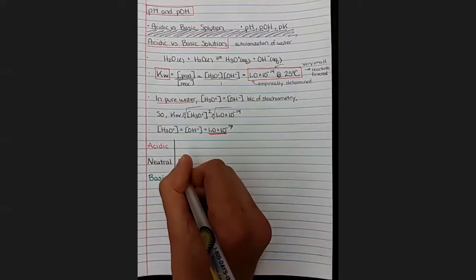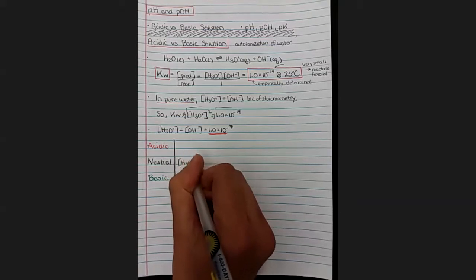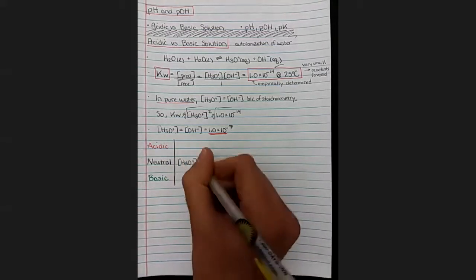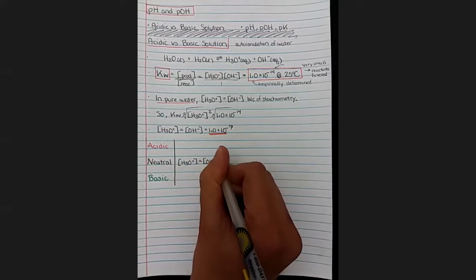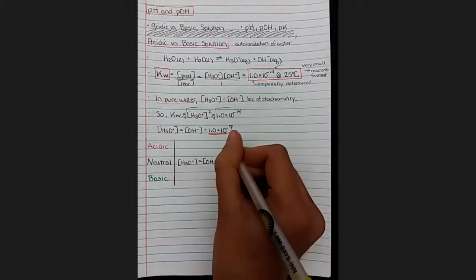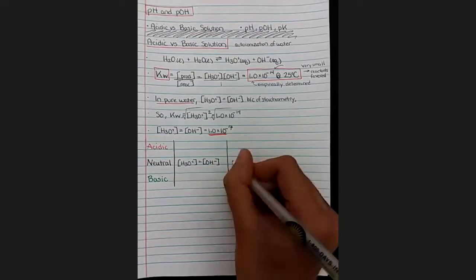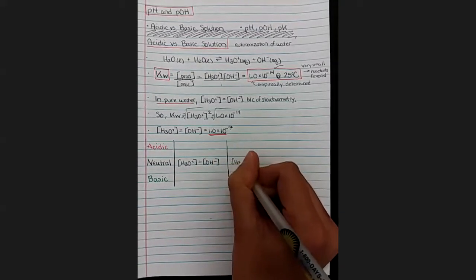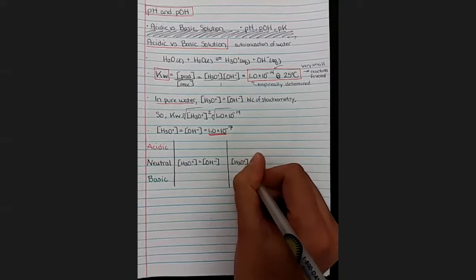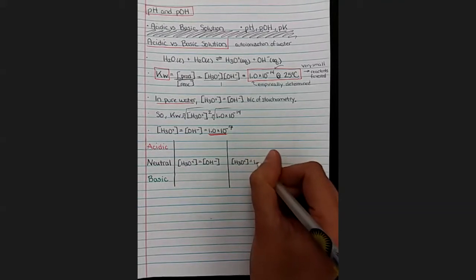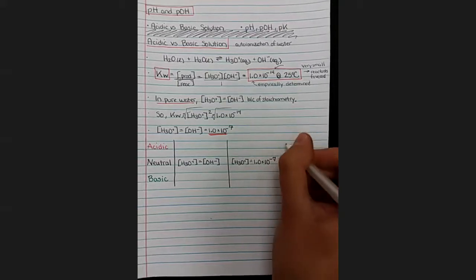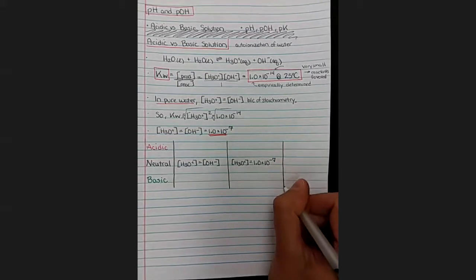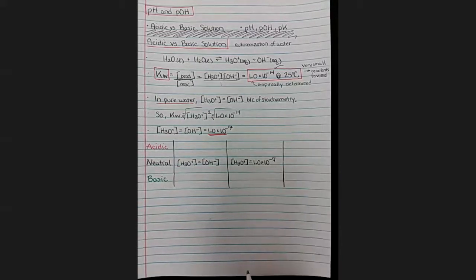So a neutral solution will have an equal concentration of the H3O plus formed by an acid and the OH minus formed by a base. Specifically, the concentration of H3O plus is going to be 1 times 10 to the negative 7th, like we just found. There's going to be one more column here that we're going to fill in a little bit later.